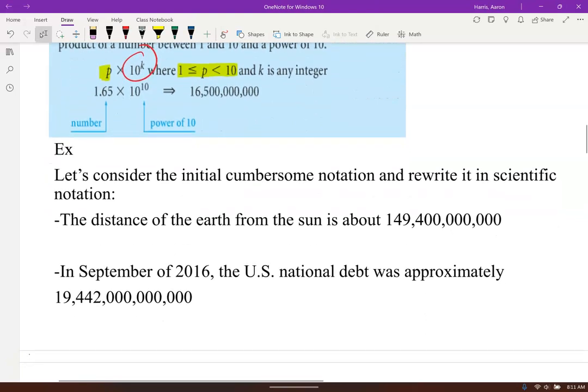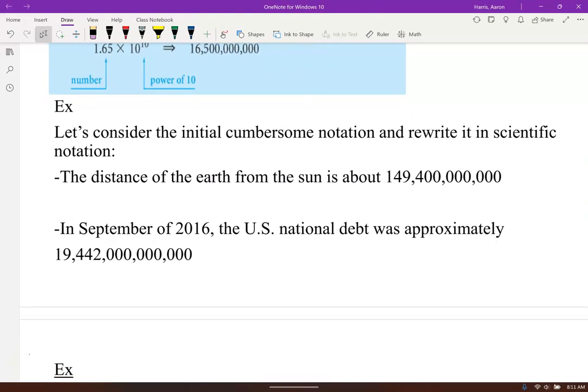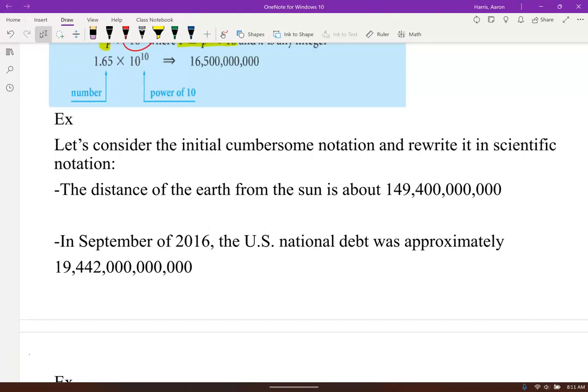So let's look at this first one here. Distance of the Earth is 149,400,000,000. Right now, the decimal is right here. And remember that first term, I want it to be greater than or equal to 1, but less than 10.